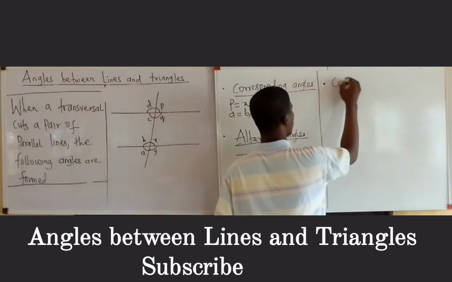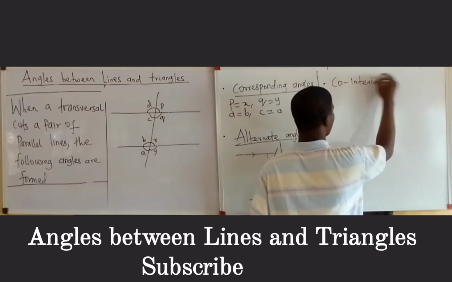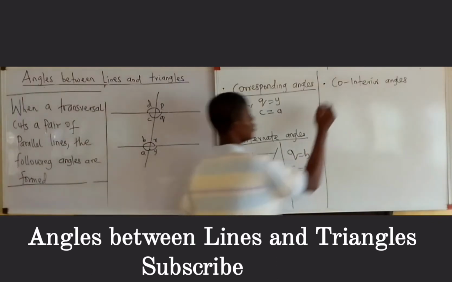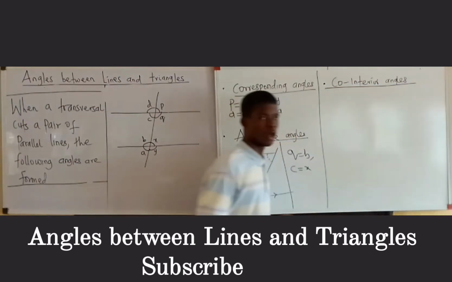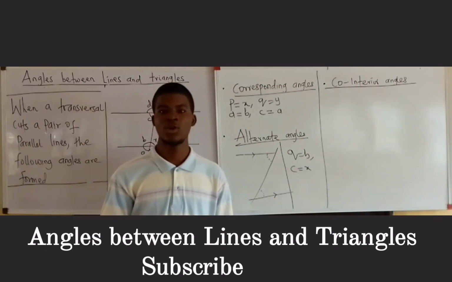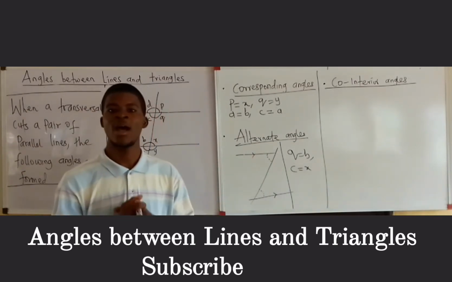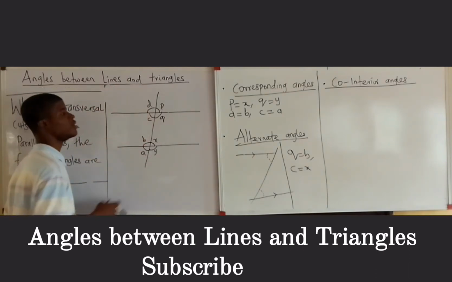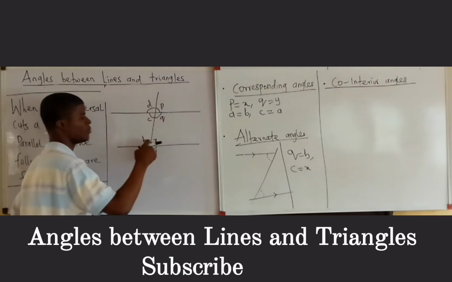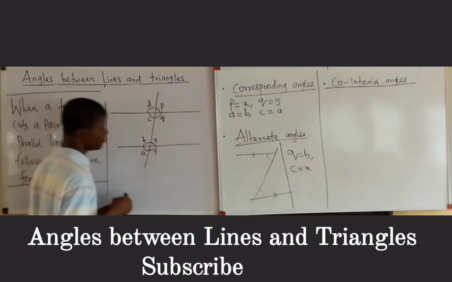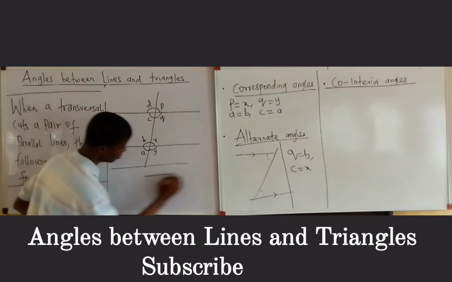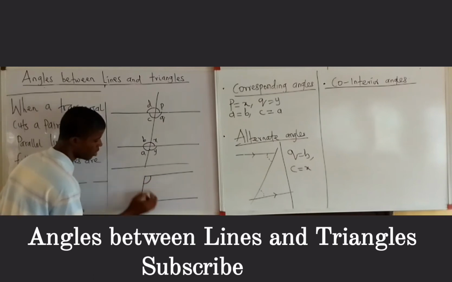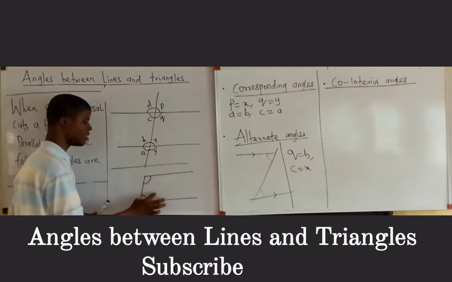Another type of angle formed is co-interior. The rule states that co-interior angles are supplementary, that is, angles that add up to 180 degrees. If I have angles in the same interior, look at this part of the figure. I have angles here, and these angles are in the same interior.